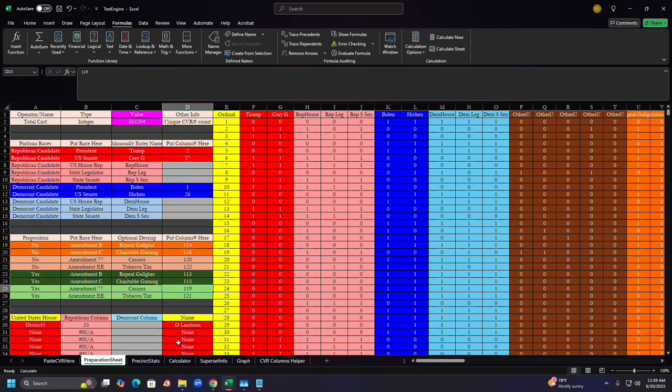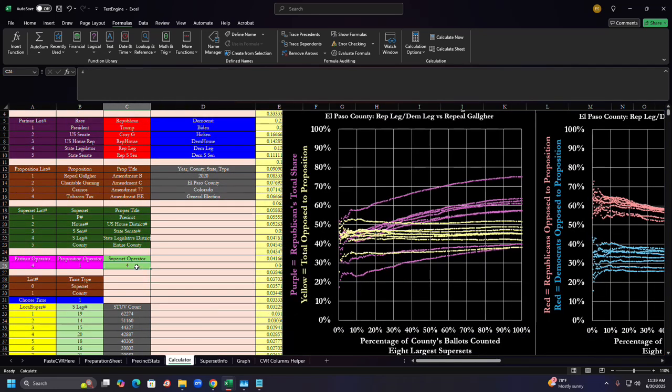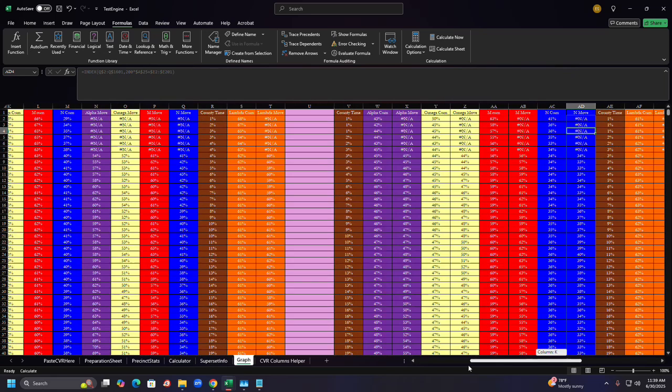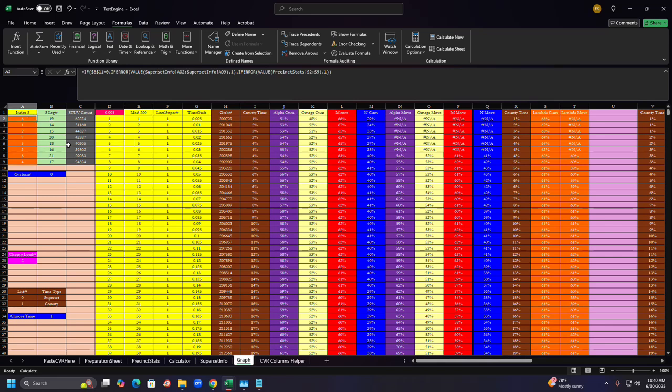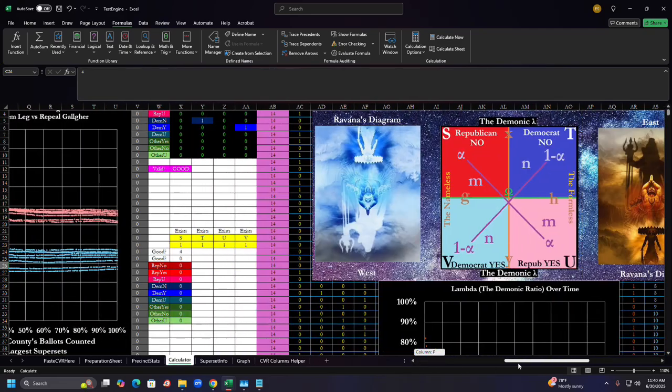So long as you are choosing to analyze the individual precincts, that means the supersets operator is equal to 1 for the precinct, it will override the initial precinct choices, and it'll put the ones that you want here. Then you can go back to your calculator sheet and you'll see the 8 precincts you chose.